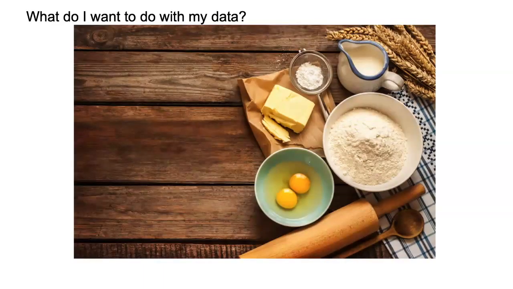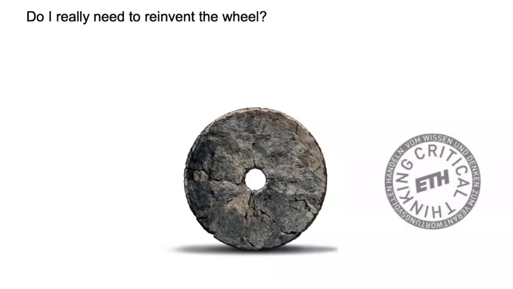Then you need to consider what you want to do with your data. That determines the indices that you're going to build, and so on. And you really need to ask yourself, are you reinventing the wheel? Very often, people write code in Python, in Java, and so on, but actually they are writing code that was already written by a million other people.